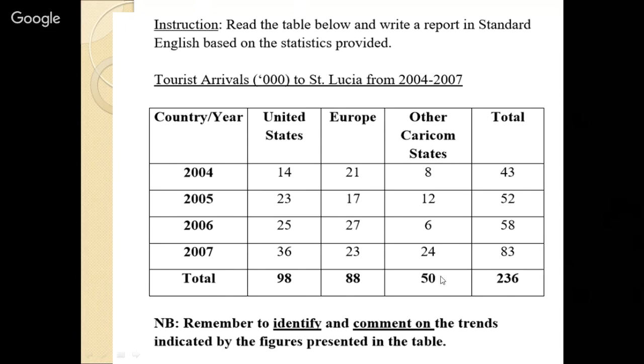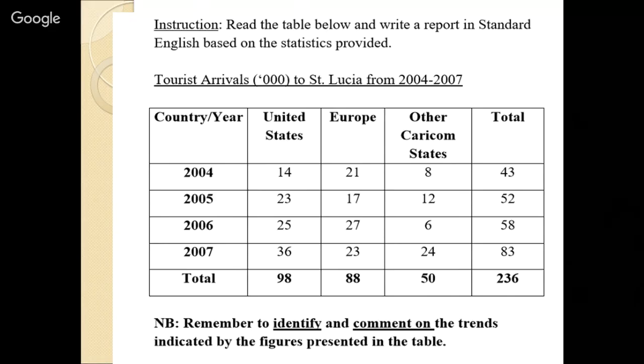Now, when we look at the horizontal total, we are looking at going across. So this tells us which country had the highest, right? So which country had the highest amount of tourist arrivals? Andrews, I see you. Yes, I understand that it was a typo.